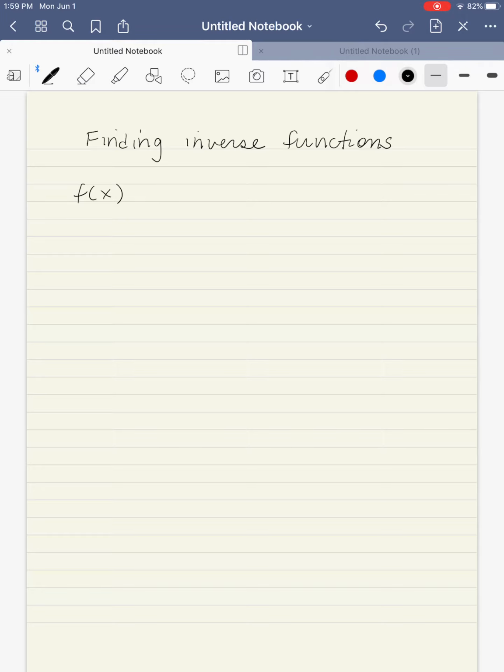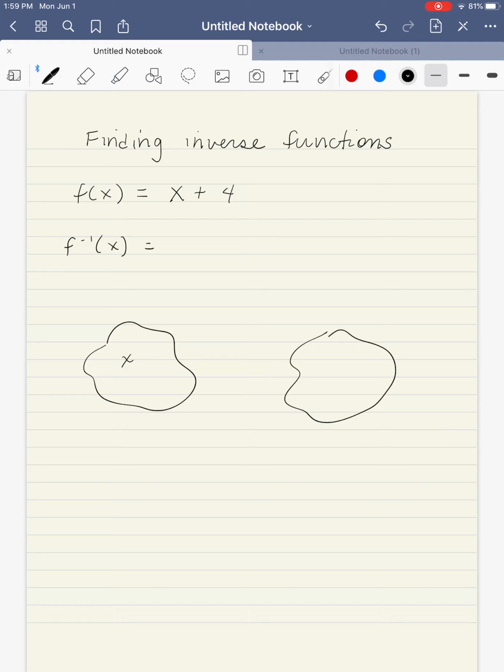Before we do that, I want to review what we talked about an inverse function is. For instance, if I have a function f of x equals x plus 4, if we think about its inverse function, f inverse of x, we're finding the function that takes these values of x over here to these values of y.